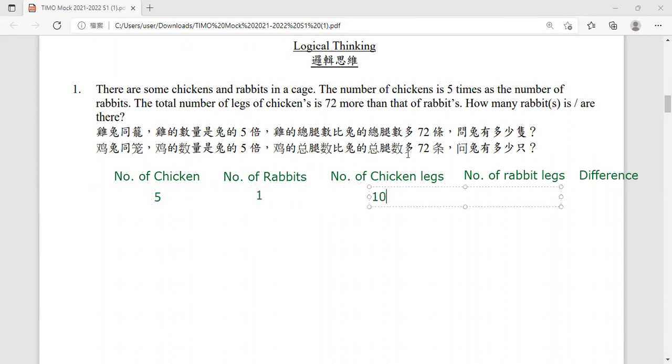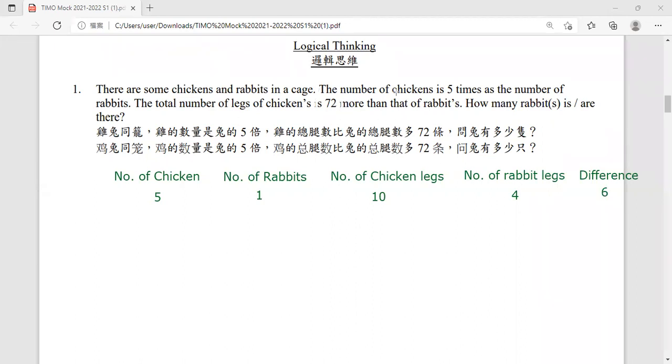So there are 10 legs, and we have 4 legs, so the difference is 6. But the difference is 6 only, and I need to make up 72 here.